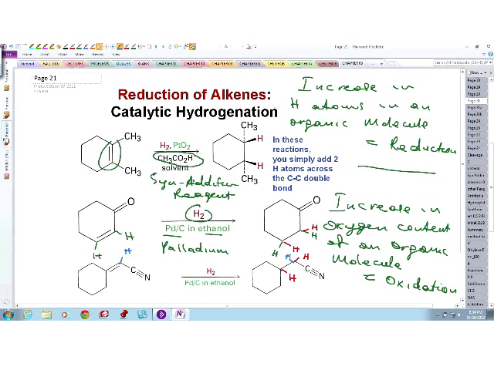Now we could actually use this reaction, the hydrogenation. We call this hydrogenation. You can see here. We could use hydrogenation to determine the order of stability of different alkenes.